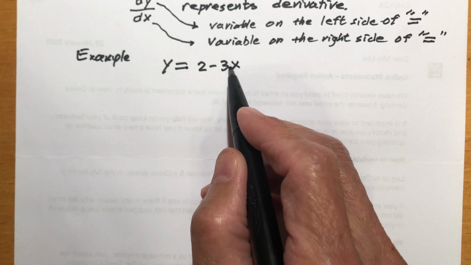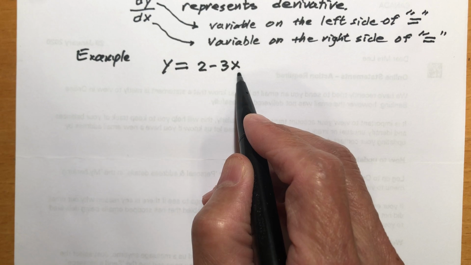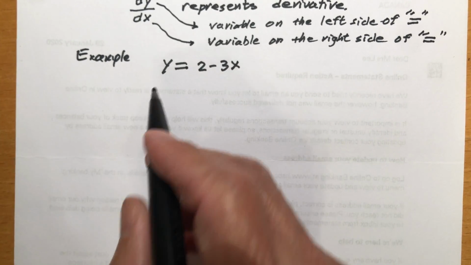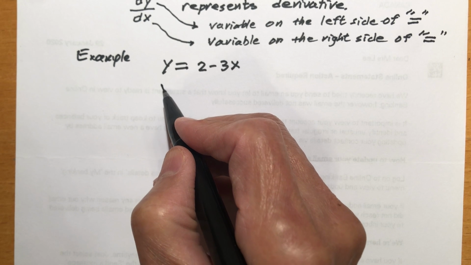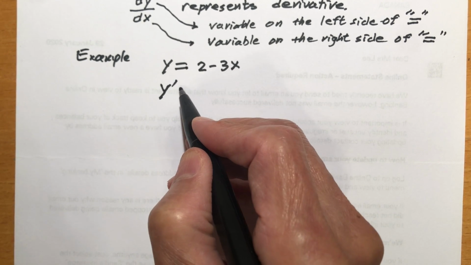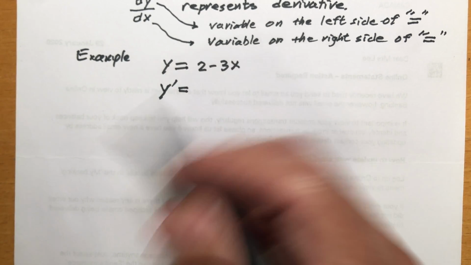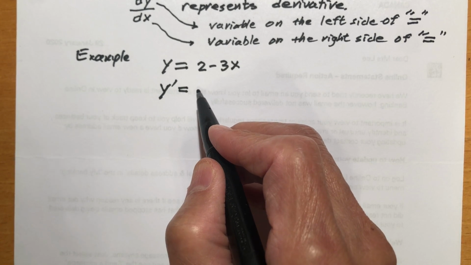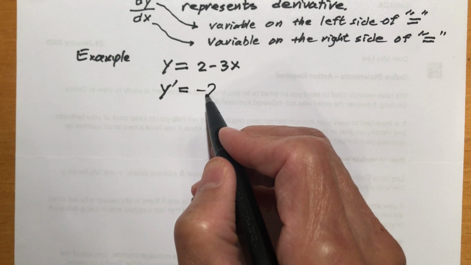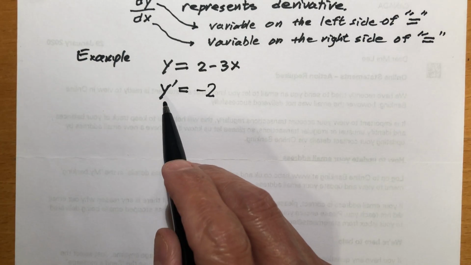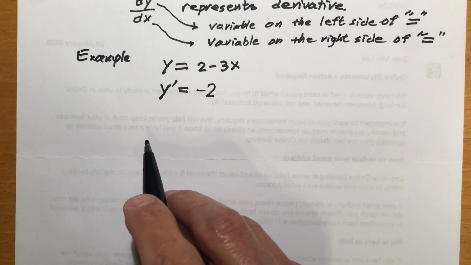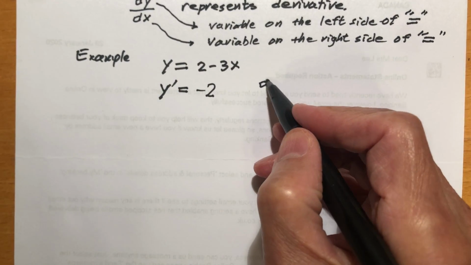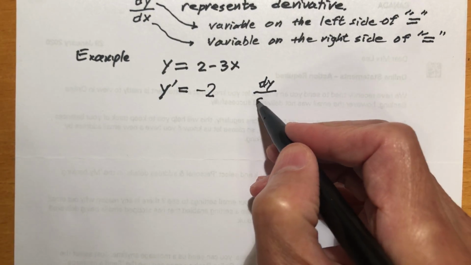X is a variable on the right-hand side of the equal sign. Now, what is the derivative? We use this label, y prime. And if you do the derivative, you know the result, which is -3. That's a label we used before. Now we use a new label, dy dx.